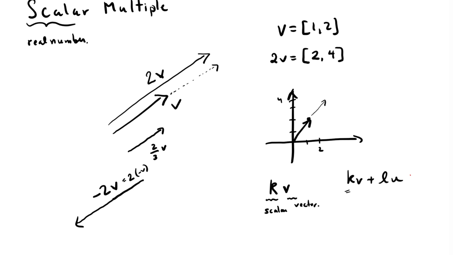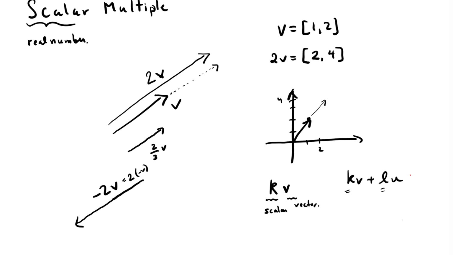Typically we're going to use letters in the middle of the alphabet, starting with k, for scalars. We're going to avoid using i and j, and we're going to see why later on, because they're going to be used for something else. So for scalars, k, l, you could use m, you could use n. Those are all good choices for scalars.